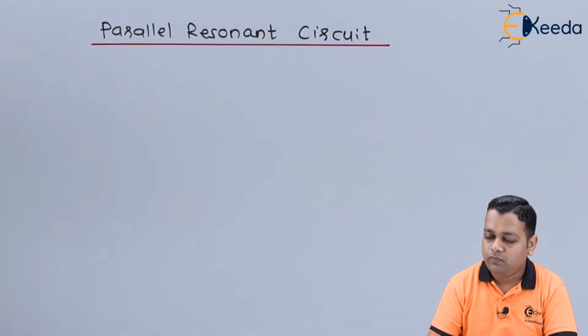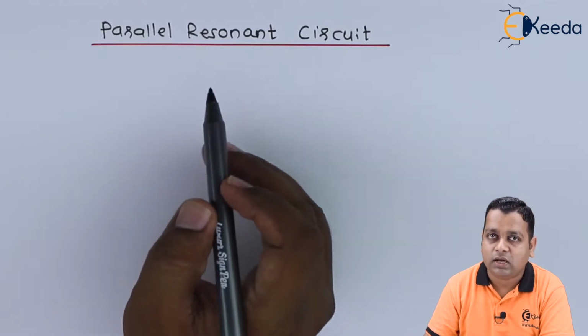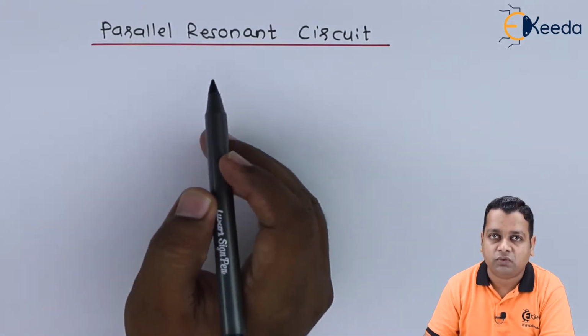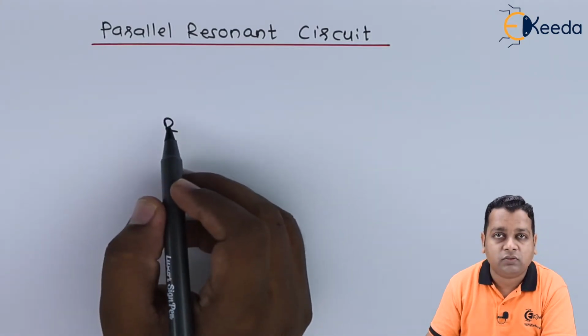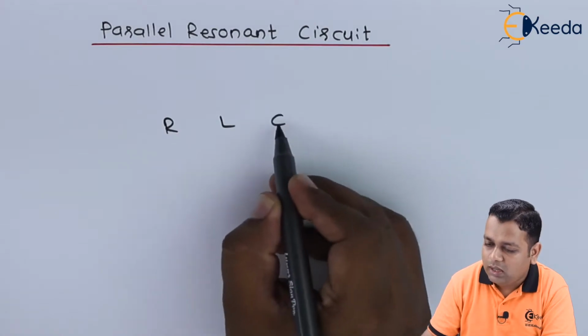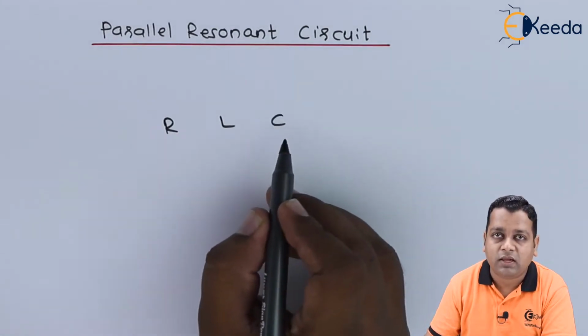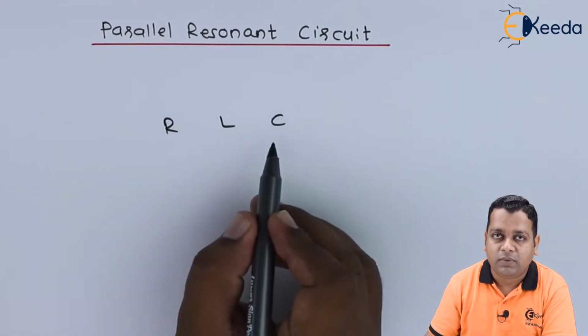So here we have the parallel resonant circuit, our topic. As the lumped elements in the previous video, we used capital R, the resistor component, capital L, the inductor component, and the capacitor represented by capital C. These are the three lumped elements.